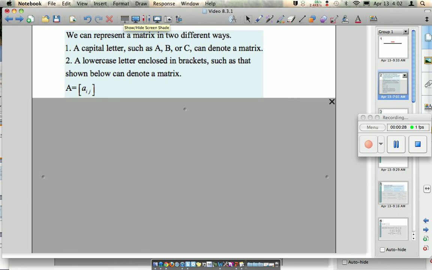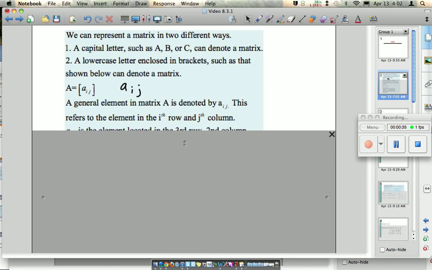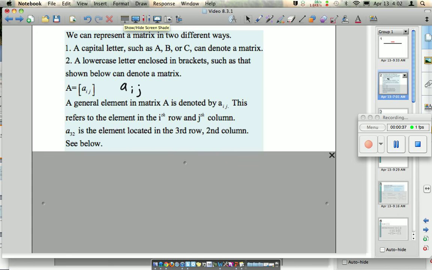So notice this is A, and it says i, j. And the i j are important because they're actually going to be the order. It'll describe one element of our matrix. So that i is the row number, and j is the column. So the element a_ij is in row i and column j.